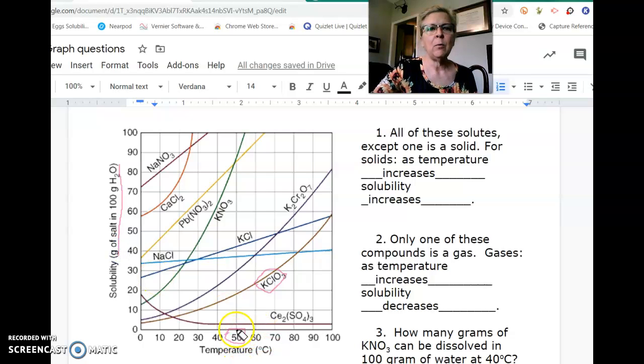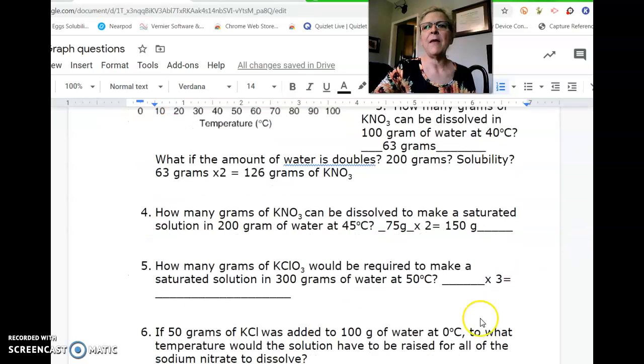Okay, so I am reading my graph up to 50, and I'm going to read across to the line here. I am guessing that that is somewhere around 18 grams or 19 grams. Okay, so let's go with 19 grams just for the sake of continuity here. And so that means back down here at number 5, we are going to put in 19 grams.